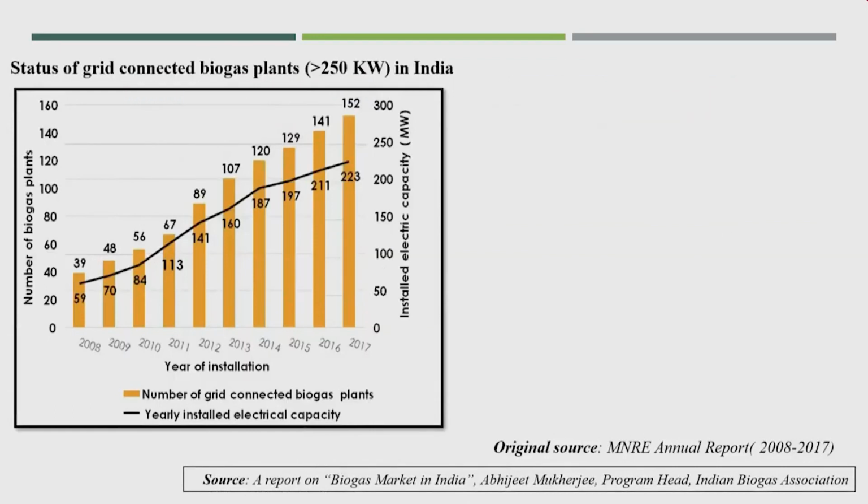This is the status of grid-connected biogas plants, okay, with a size of more than 250 kilowatt in India, and cumulatively you see the number of biogas plants is now around 152, and yearly installed electrical capacity is now up to 223 megawatt connected to the grid.